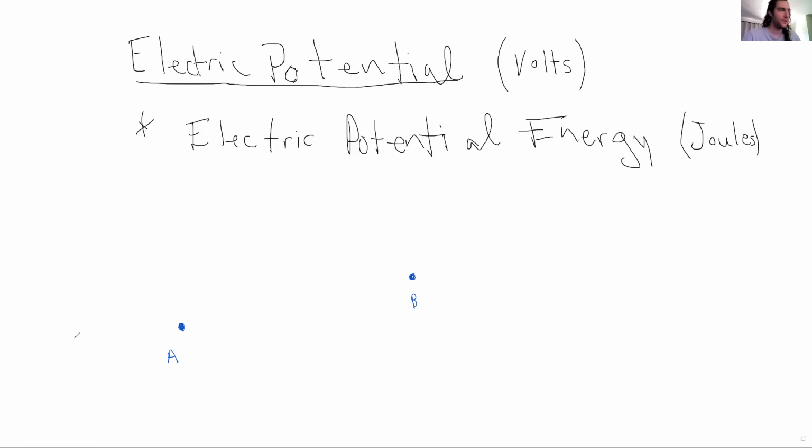And we have some sort of charge here at point A, and that charge moves along some path from the point A to point B. We can give this path a name, call it C, typical name of a path.